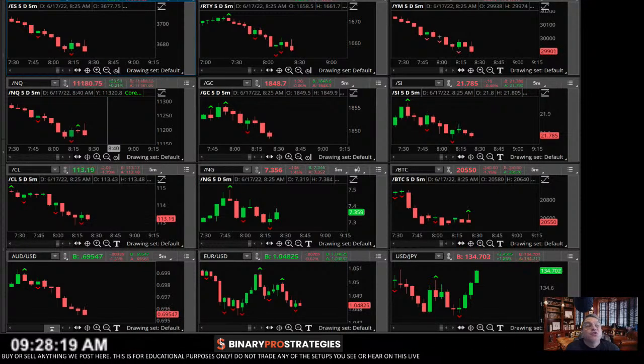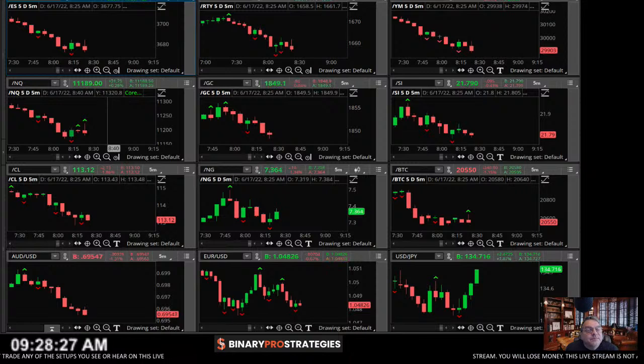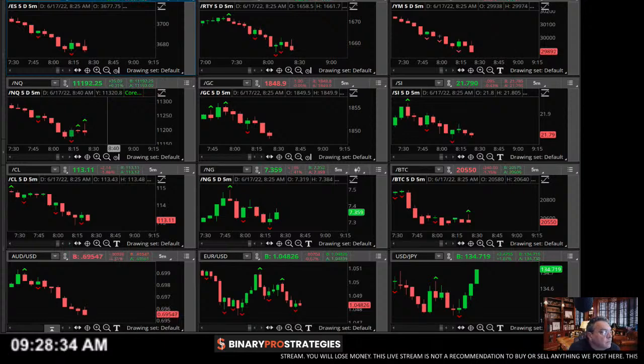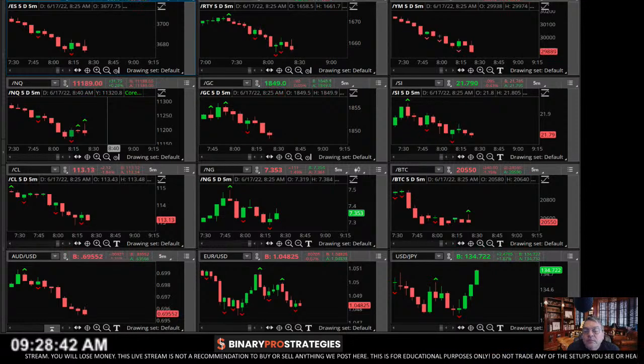Okay, we actually have a short developing here on the gold. So let's take a look at that short. Okay, I have a short right here at 1849.